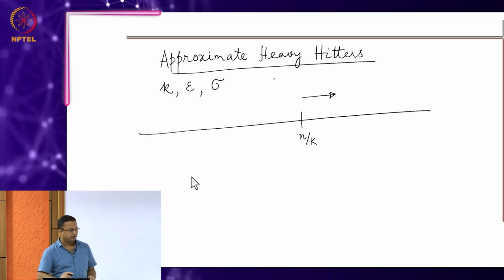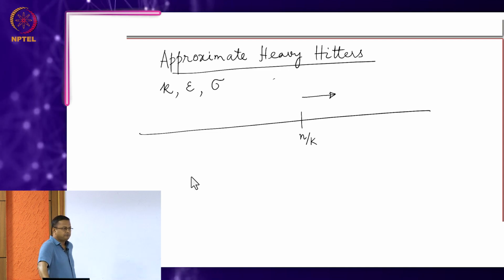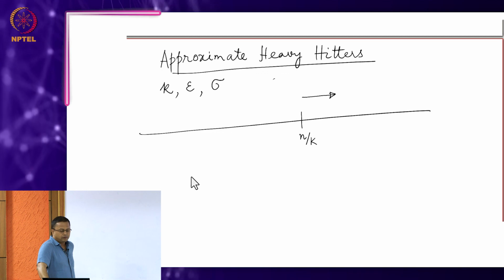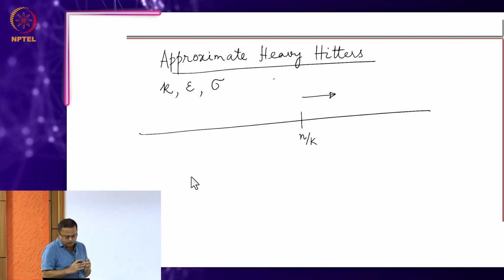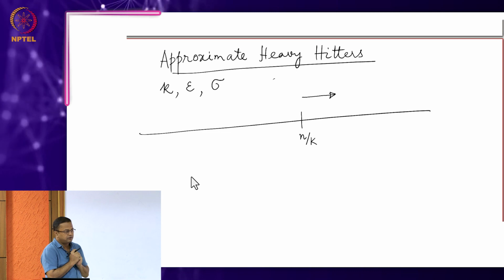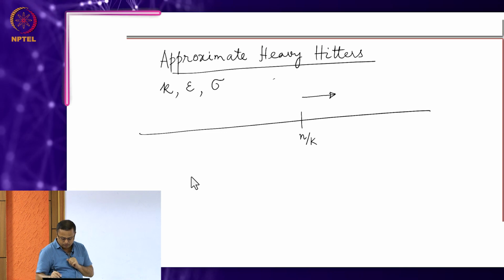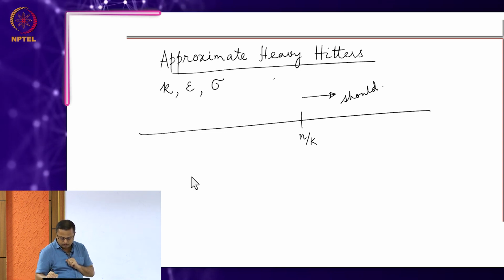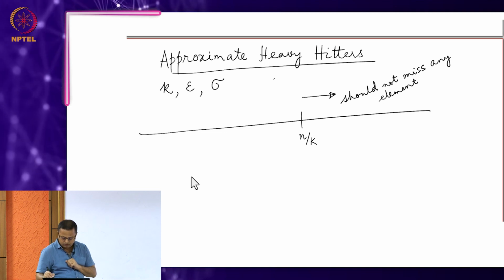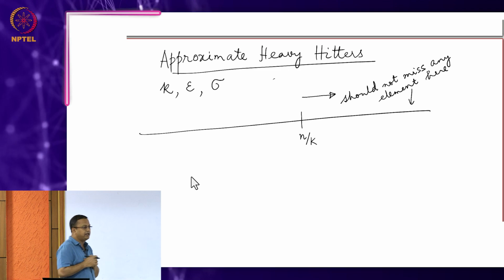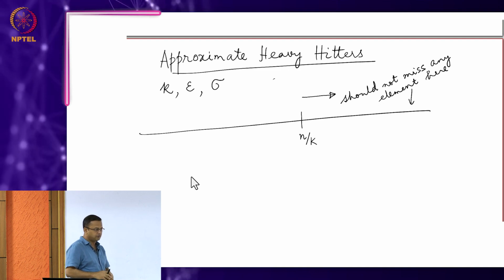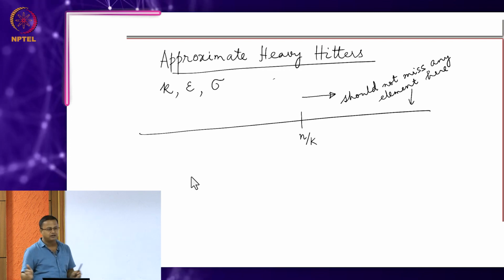These are your heavy hitters. Now, what should I call a good approximate algorithm for heavy hitters? It should not miss any element whose frequency is more than n by k, right, so no false negatives, right.